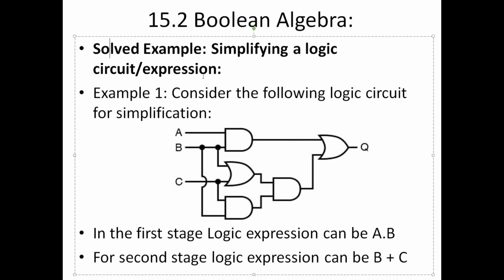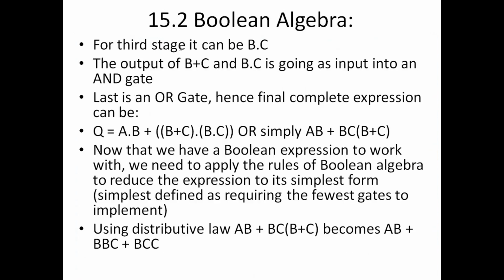Solve the example: simplifying a logic circuit or expression. Consider the following logic circuit for simplification. First of all, you can see A and B, then you can go for B or C, then AND B and D, B and C, and ultimately between all of them we have an OR gate.